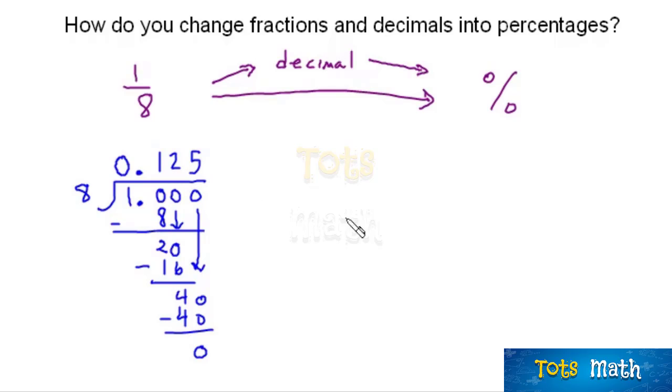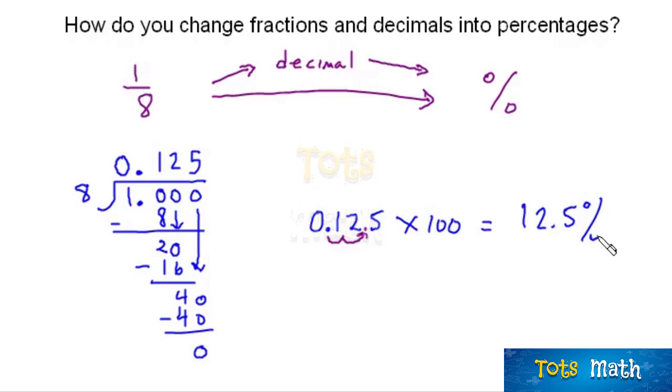And to convert a decimal into a percent, all we have to do is multiply by 100. And to multiply by 100, we move the decimal 2 places to the right. So our answer is 12.5%. And that's how you change fractions and decimals into percentages.